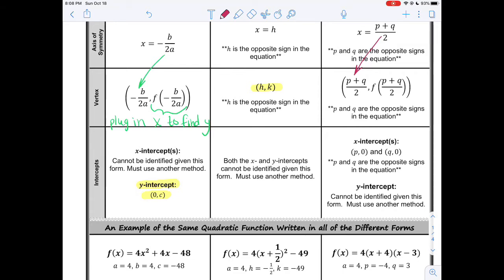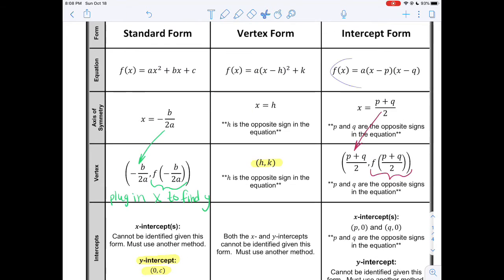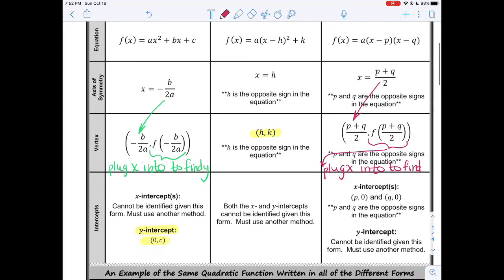Once we know the x value of our vertex, we can again take that x value and plug into our original equation right here, everywhere that we see x, and we can find our y value. So again, plug in x to find y. All right, let's talk intercepts.